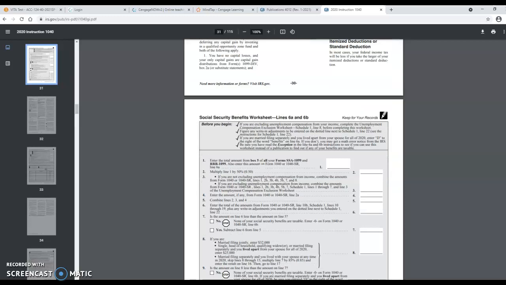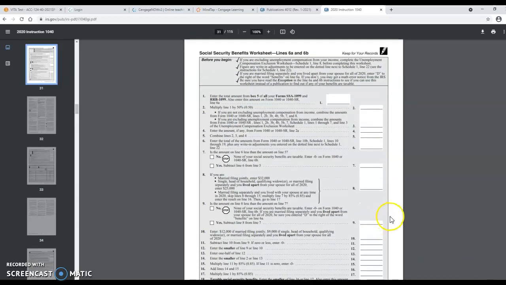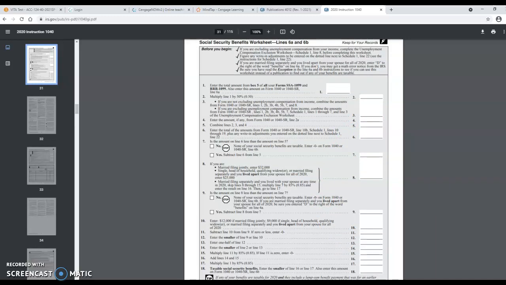Here's our Social Security benefits worksheet from our 1040 instruction booklet. So you would have to fill this out, and what it's asking is whether Social Security is partially taxable.